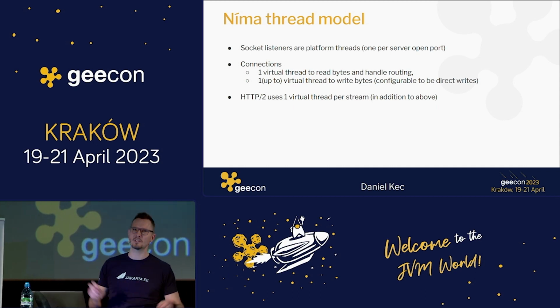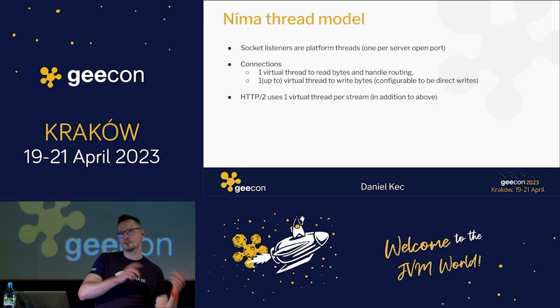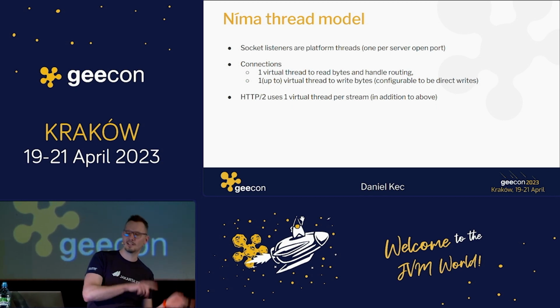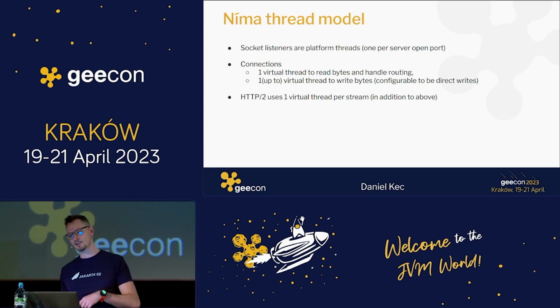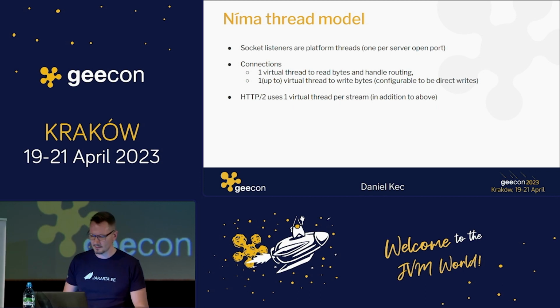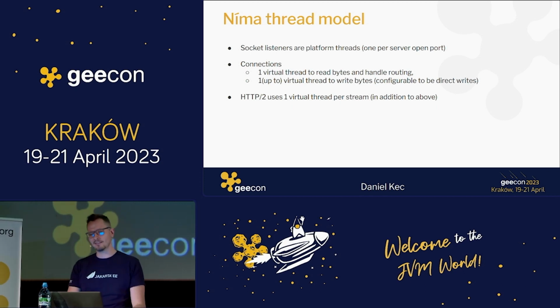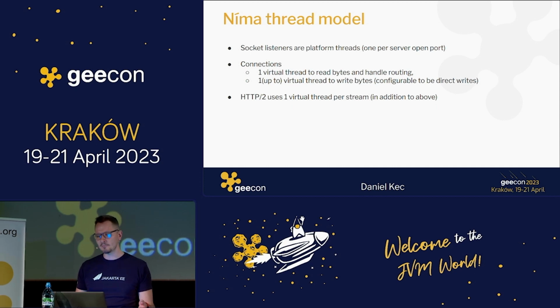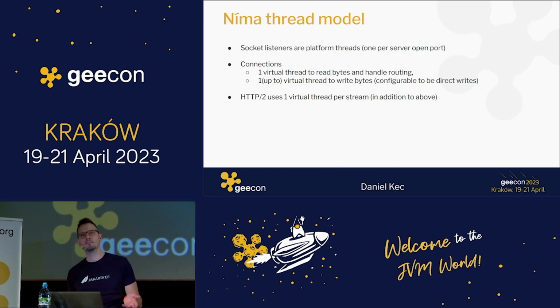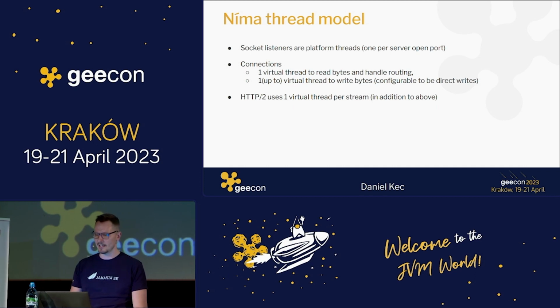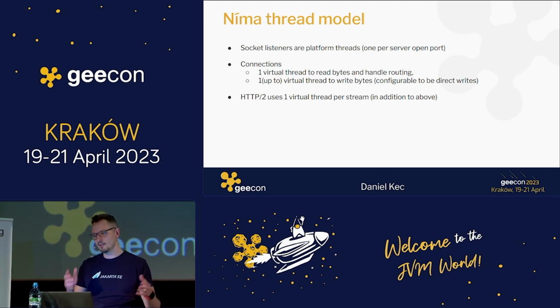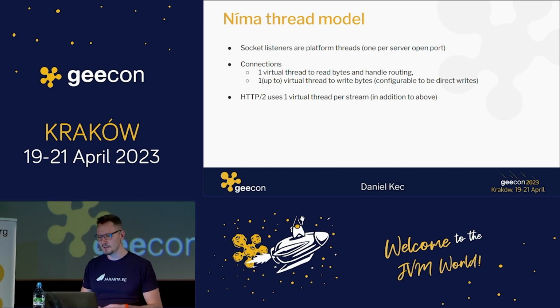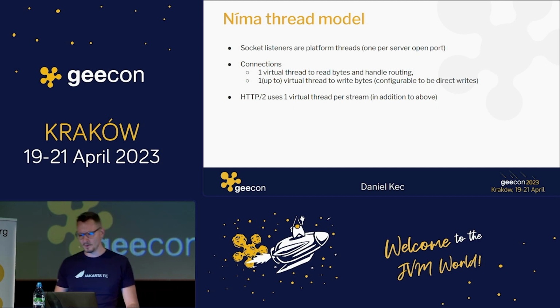That's a kind of performance thingy, because sockets perform a little differently on the Mac and on Linux or on some different kernels, so you can tune it to be even faster. HTTP2 spins up a new virtual thread per each stream. That's obvious, right? So again, the thread per request model. We are just spinning up virtual threads wherever we want, and it's super fast and super cheap.